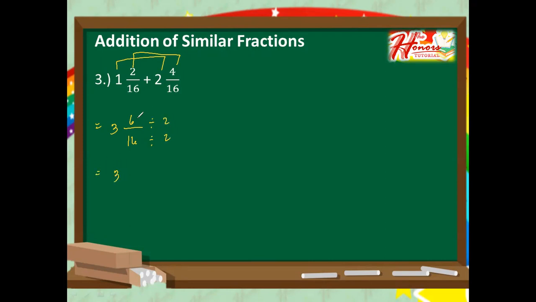So 6 divided by 2, that's 3. 16 divided by 2, that's 8. Is this the final answer? Yes, it is because we can't find any number that can divide the numerator and denominator at the same time without remainder. And also, 3 over 8 is already a proper fraction.